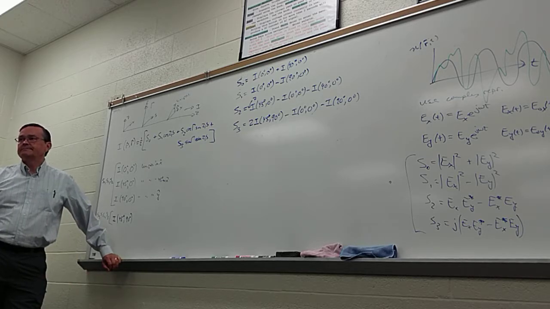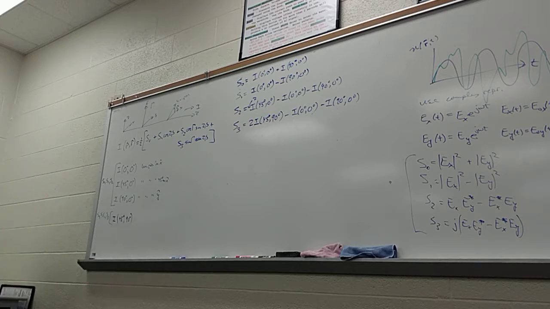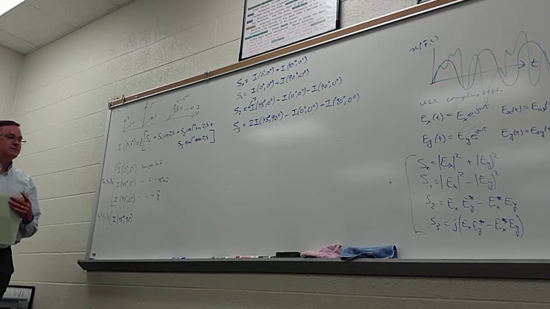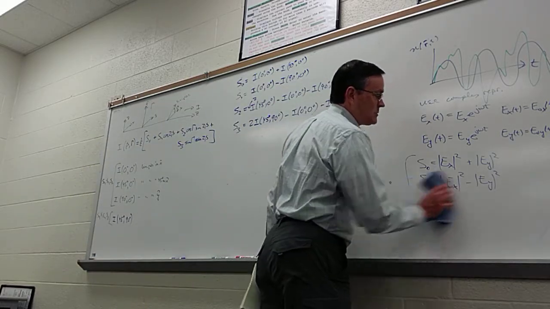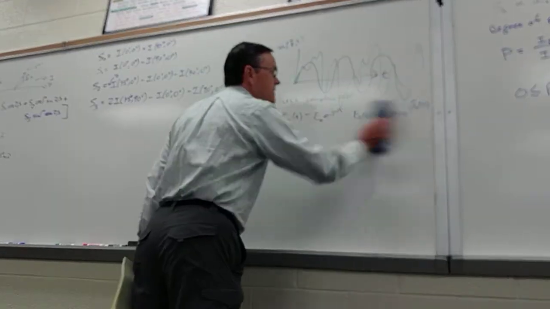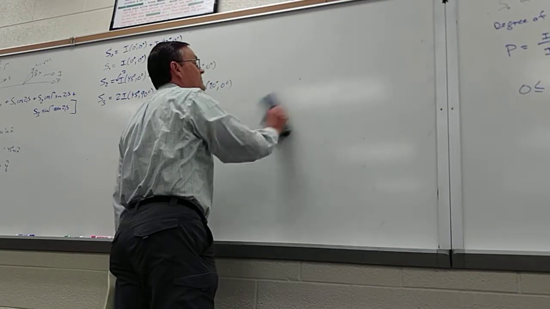Right. Okay. So now, what we want to do is circle back. And remember, we talked about all these different ways of representing polarization states. And one of those ways was the Poincare sphere. So let's see what Stokes vectors have to do with the Poincare sphere.